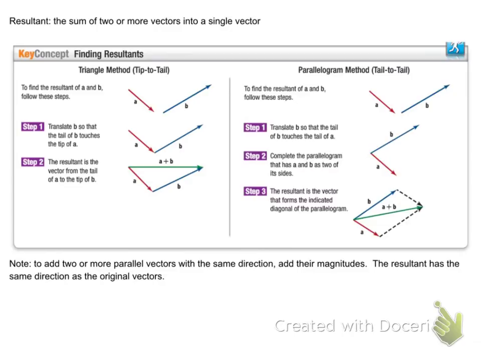So as you can see with the tip to tail method, you travel one vector and you have another vector. So when you add those two together, you're going to pick up the second vector and place it at the tip of the first one.